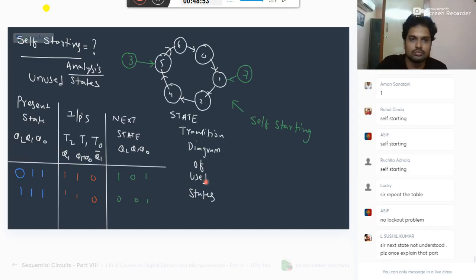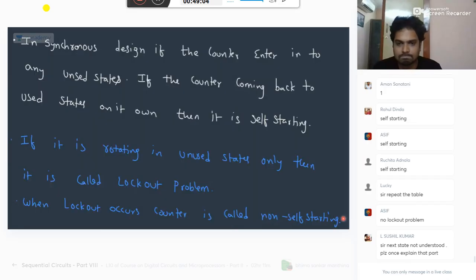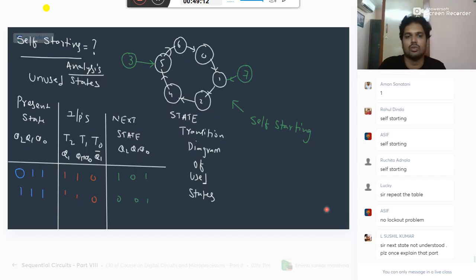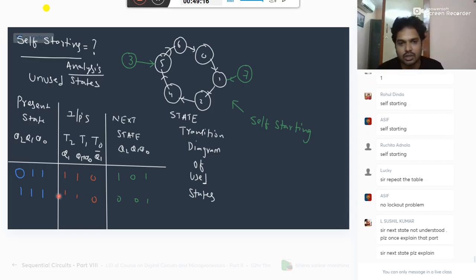Okay, so what is your doubt, Sushil? It is a T flip-flop. For a T flip-flop, if your input is 1, what is the next state?